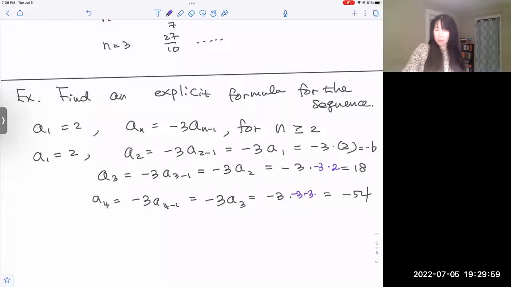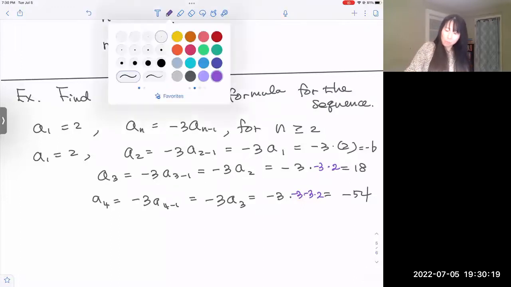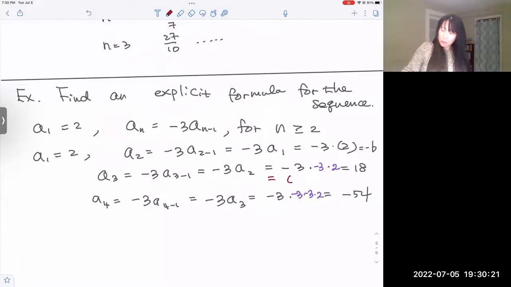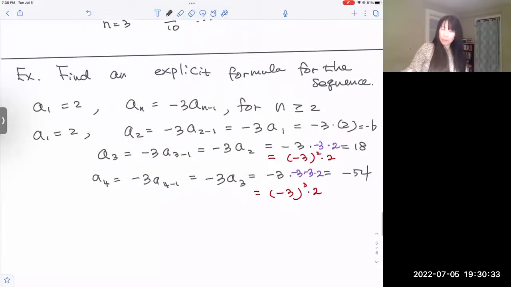Is it correct? Can you please calculate this one? Yes, it's 54. Okay, good. All right then, look, this will be negative 3 squared times 2, and this will be negative 3 cubed times 2, right? All right, so then this one, do you agree?